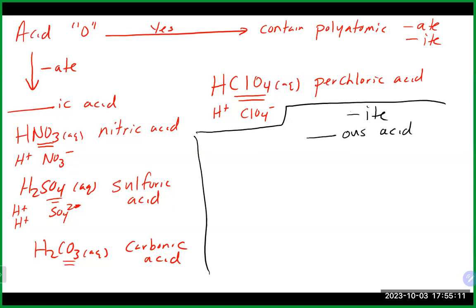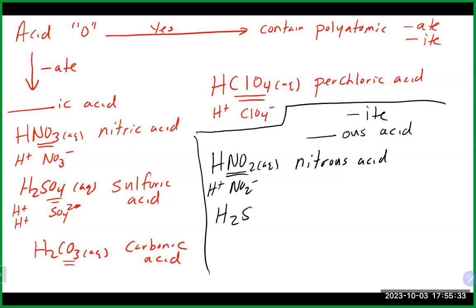So now if I take HNO2, NO2 is NO2 minus and H plus. NO2 minus is nitrite. So this would be nitrous acid. What would H2SO3 be? SO3 is SO3 2 minus, which is what?